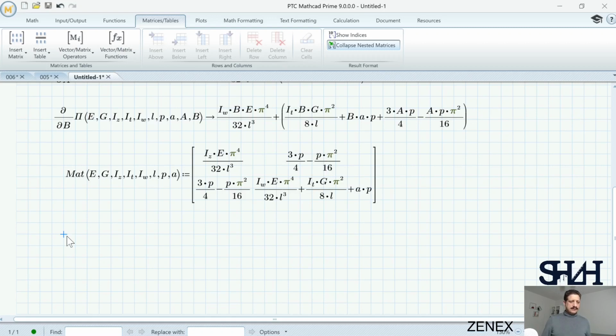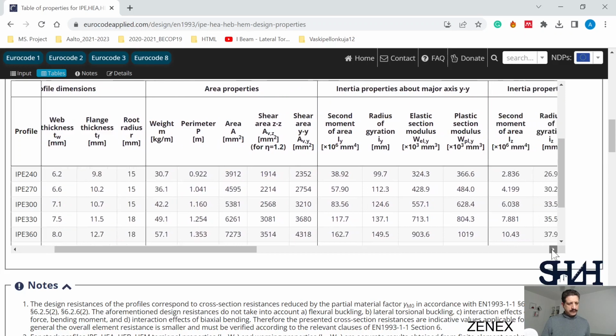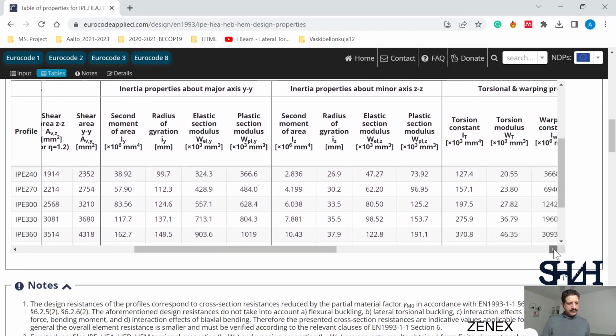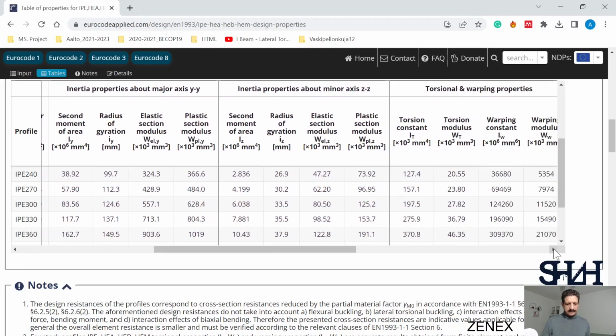From here it is easier if we solve by a cross section that we have the numerical solution. So let's go for one cross section. For example, IPE. We are looking for the moment of inertia about weak axis.